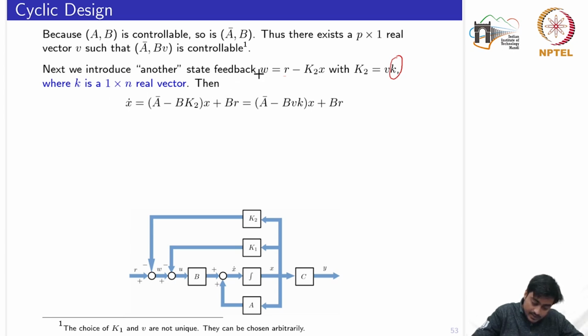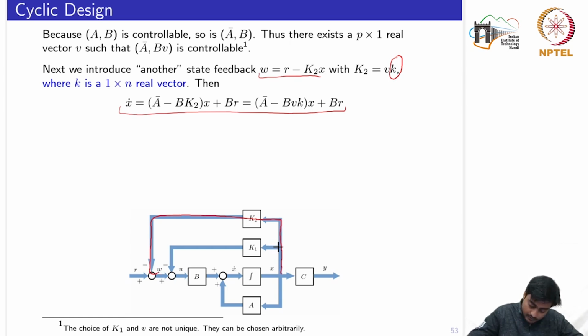Then applying this controller to the previous system, we obtain this state space equation of the closed loop. In the block diagram, from X we have added this path to finally compute this W.